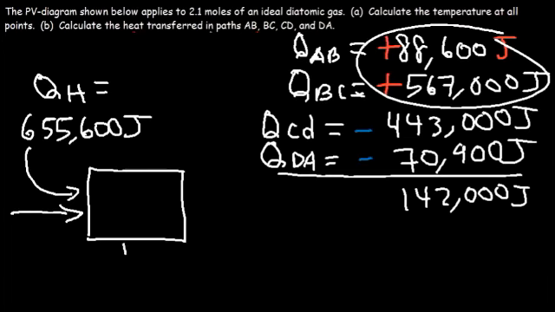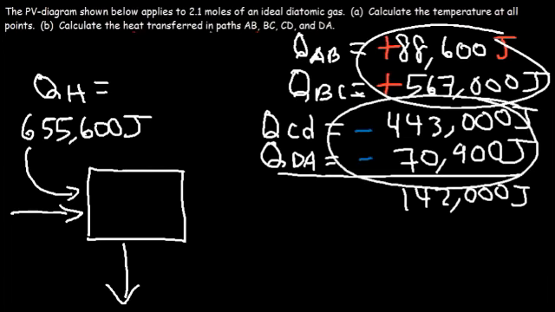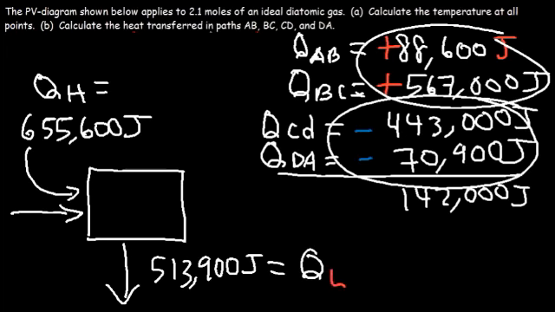Now, how much heat energy went out of the system? That's basically these values, because they're negative. If we add them, this is going to be negative, or just simply 513,900 joules. This is also known as QL. That's the amount of heat energy lost to the environment.